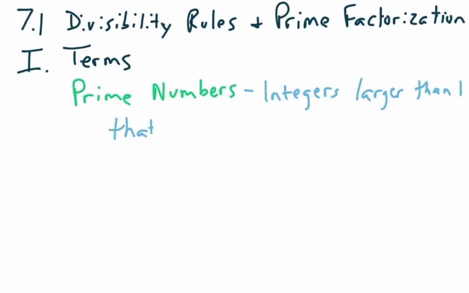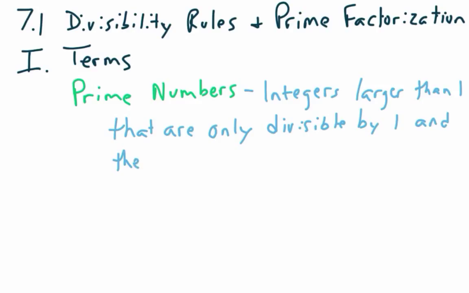Maybe I should say that are only divisible by 1 and themselves. So prime numbers: integers larger than 1 that are only divisible by 1 and themselves.